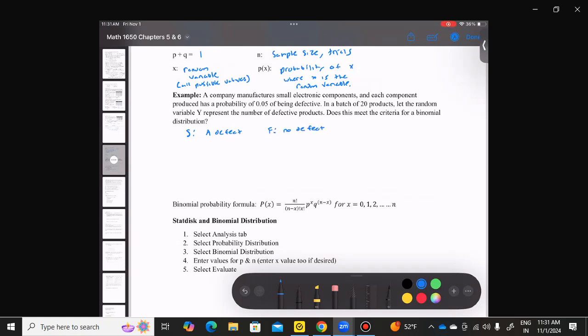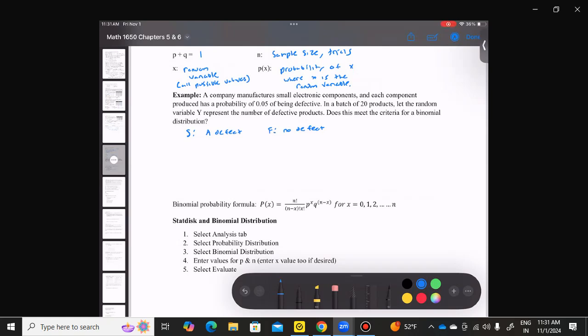Now, I know it may make sense to switch those two because no defect would be better, but in this case we are looking for defects, so we know how many defects there are. The random variable is representing the number of defects, which means S has to be a defect.